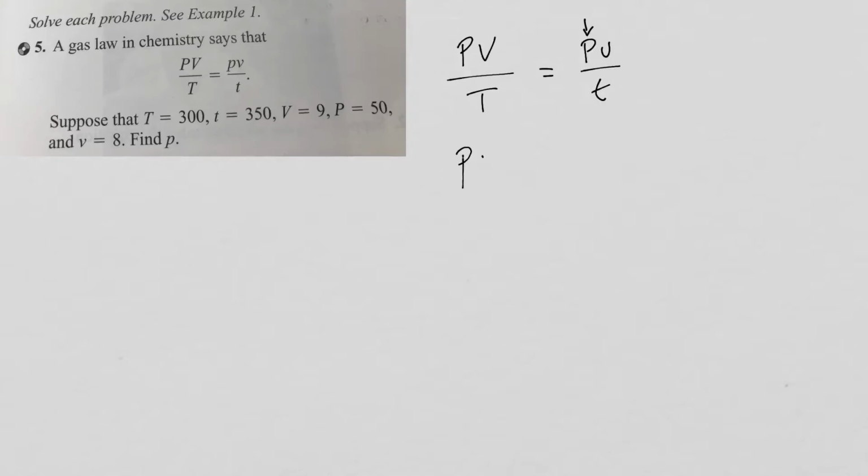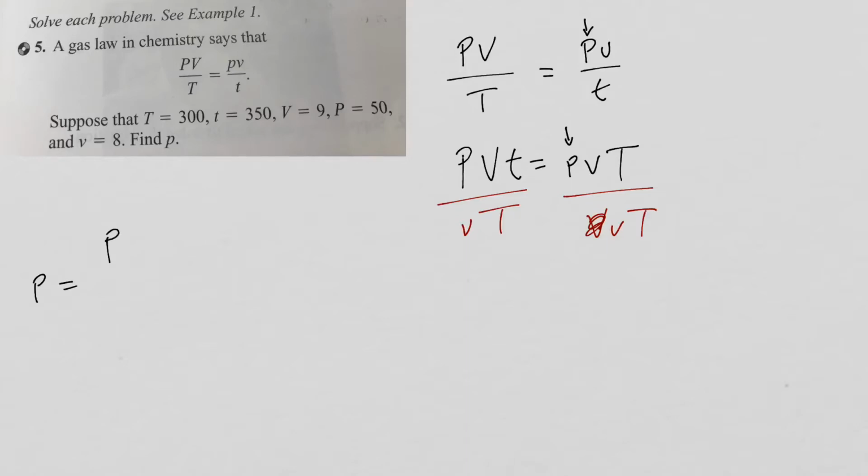So I have big P, big V, little t is equal to little p, little v, big T. All right, and then I want to divide each side by little v and by big T. So little p is equal to big P, big V, little t, all over little v, big T.